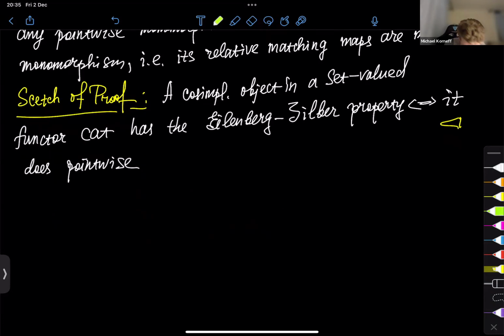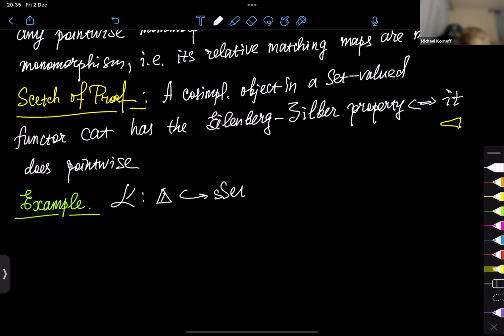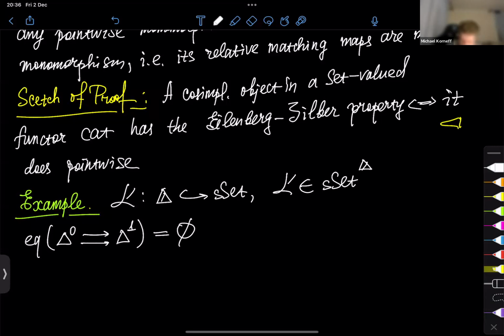Okay, and an example. Consider the Yoneda embedding from the order category to the simplicial sets. And of course, this is a functor from the Reedy category delta to simplicial sets, and the equalizer between delta 0 and delta 1, of course, is the empty set.